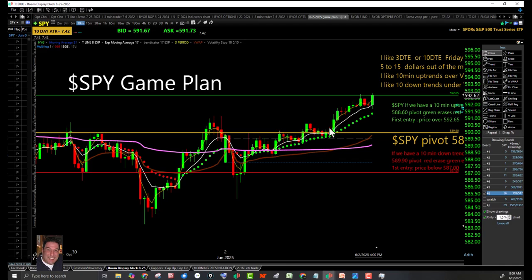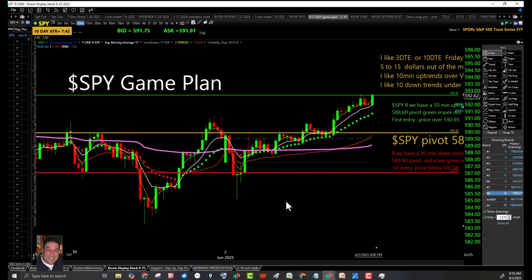I like those 10-minute uptrends over VWAP that are inside those 2-hour uptrends, that are inside those daily uptrends, that are inside the monthly uptrends, okay? They just have a higher probability of working out. As you can see yesterday, nice rally right there into the close.